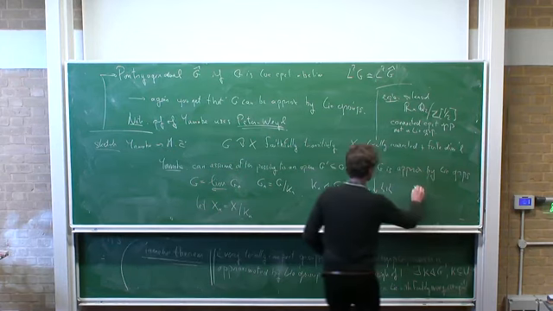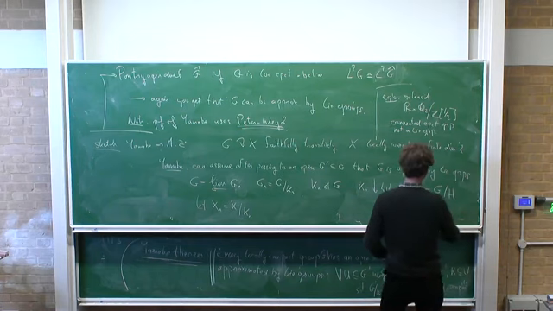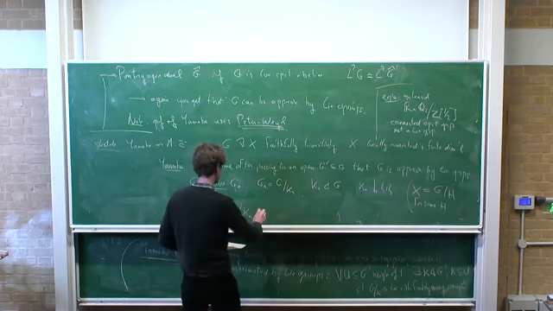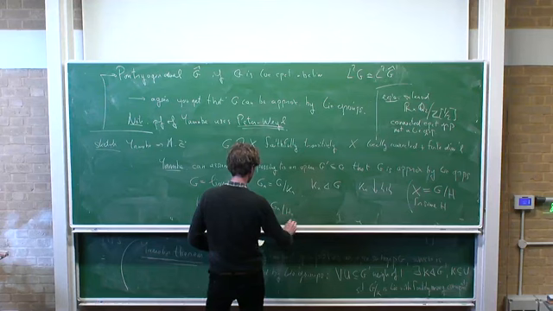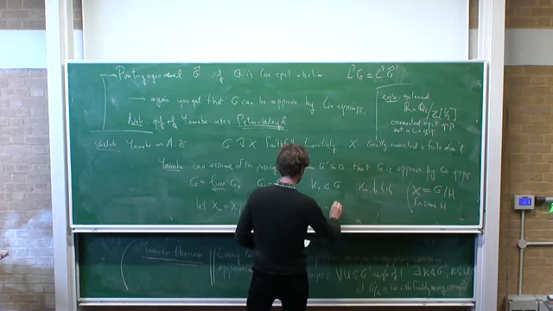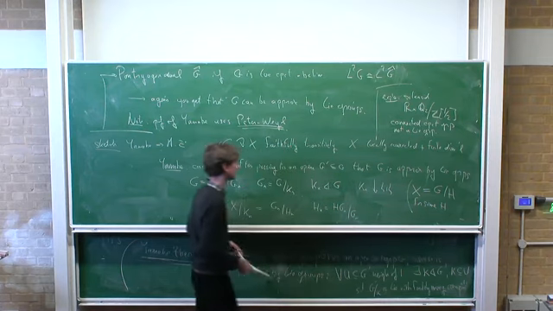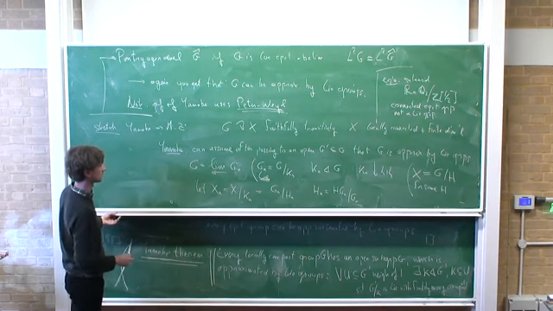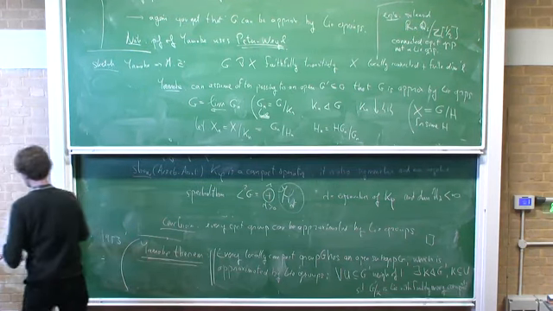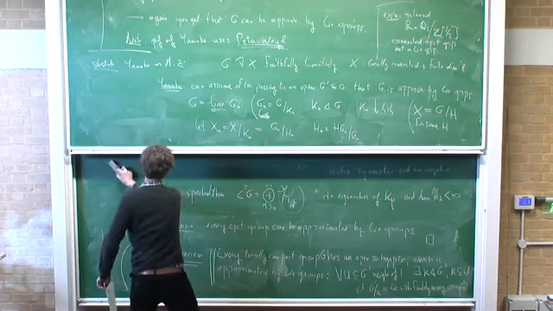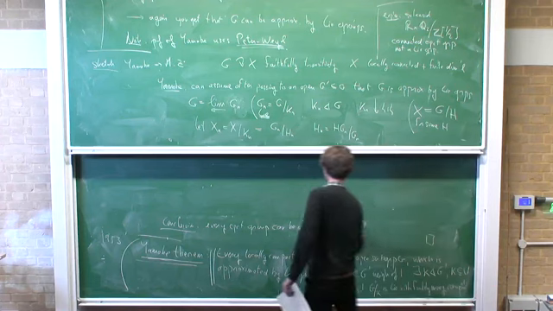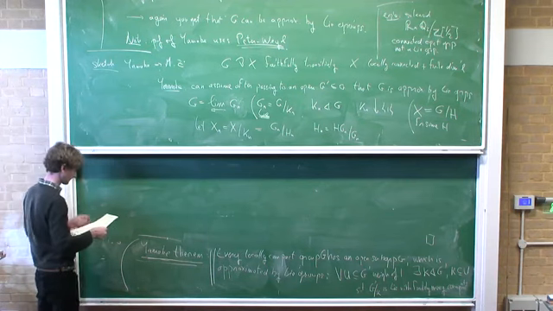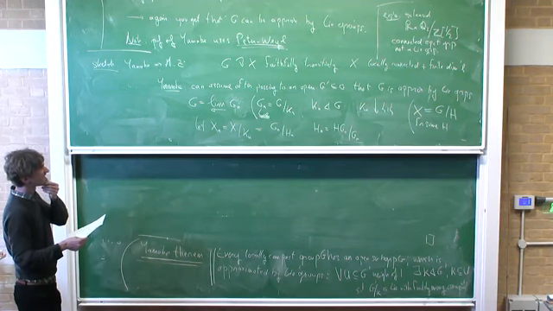The action is transitive, so X is some G mod H. Okay, so Xn will be Gn mod Hn, where Hn is like HKn over Kn. And the Gn's are the groups.